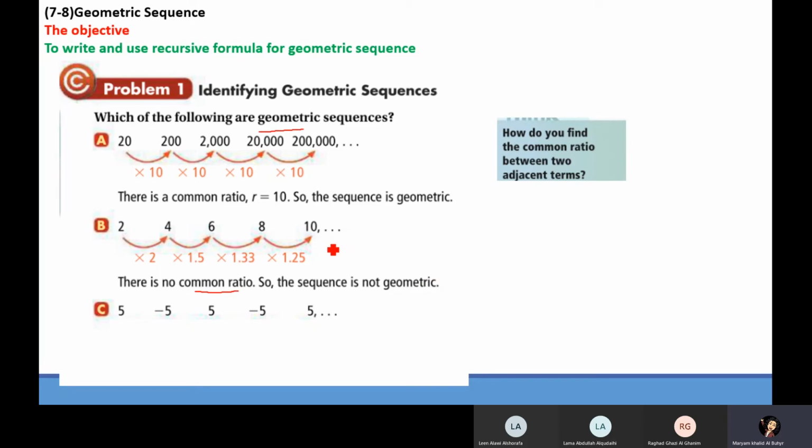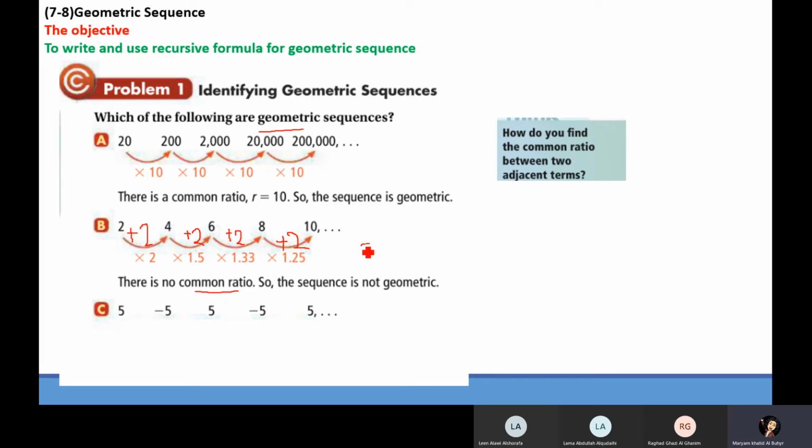Let's check if this sequence is arithmetic or not. So here if we plus 2, we will get 6, right? If we plus 2 again, it will be 8. Yes, that's great. If we plus 2, it will be 10 also. That means the common difference is constant, which is 2.